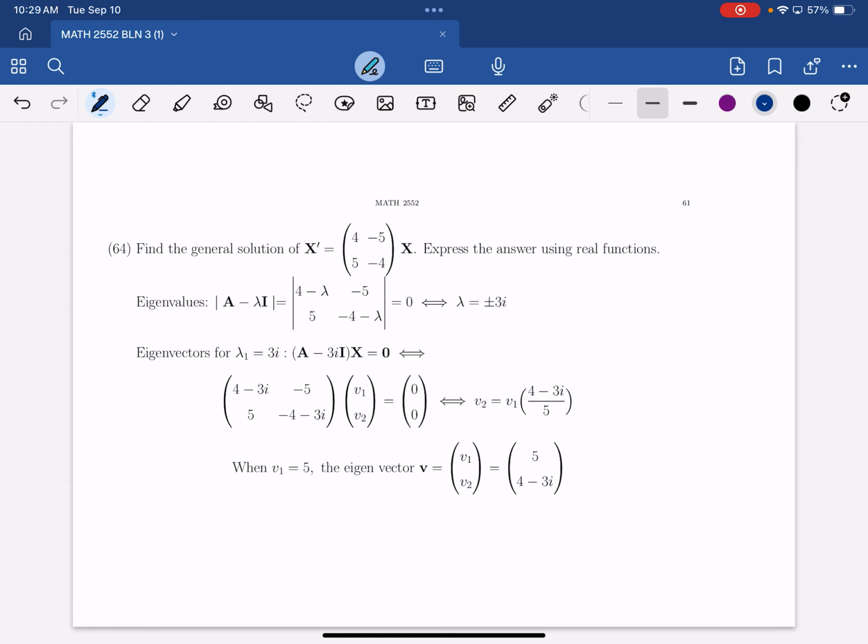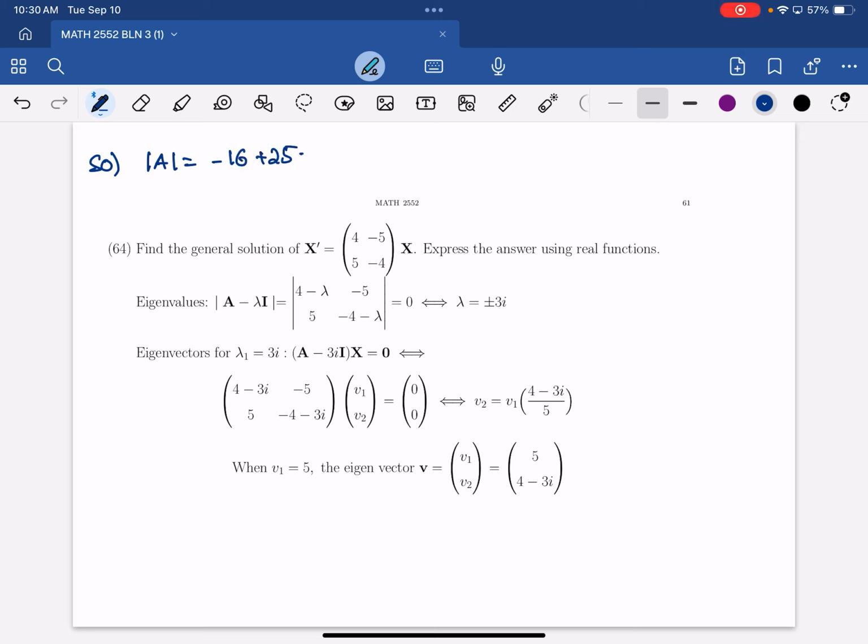Let's see. I want to get into a little bit of detail on this problem, but a lot of it will remain the same or just a tiny bit will change. So my determinant of A is going to be, in this case, negative 16 plus 25.